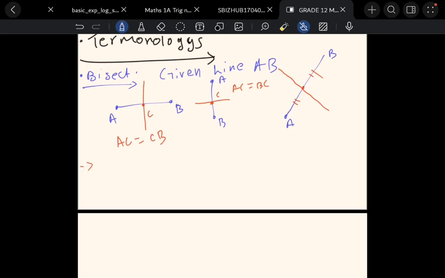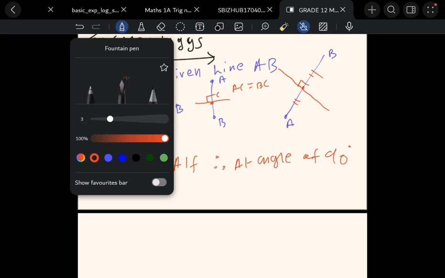So it means cut in half. And cutting in half at what angle? In most cases, when a line bisects, it is at an angle of 90 degrees, unless the line is a median. Understand?